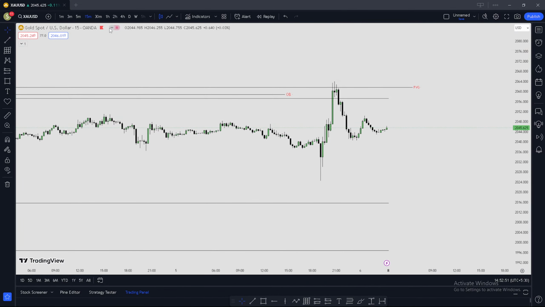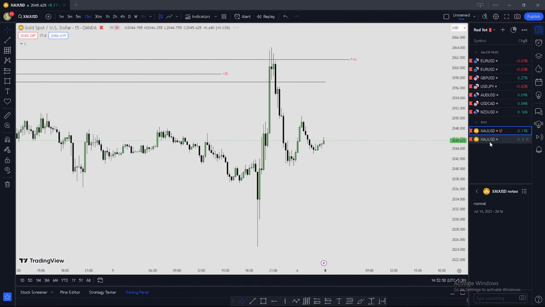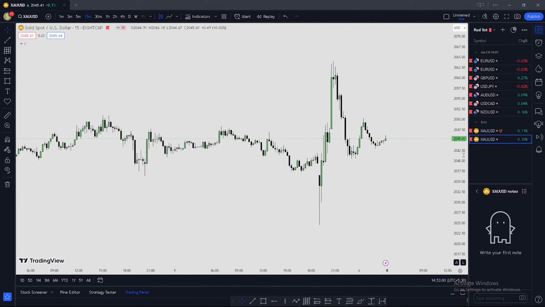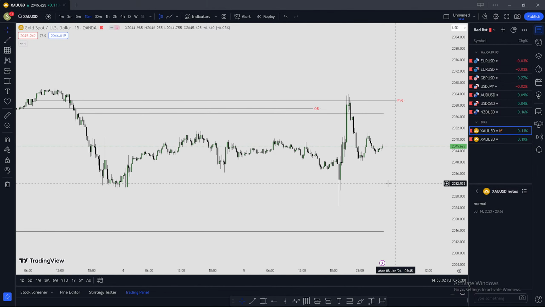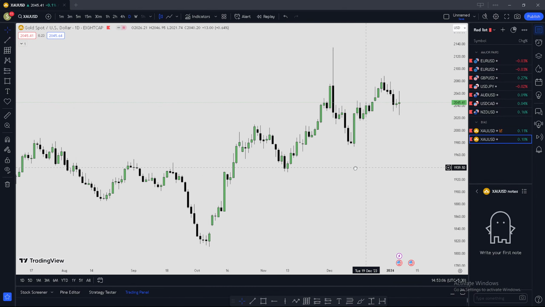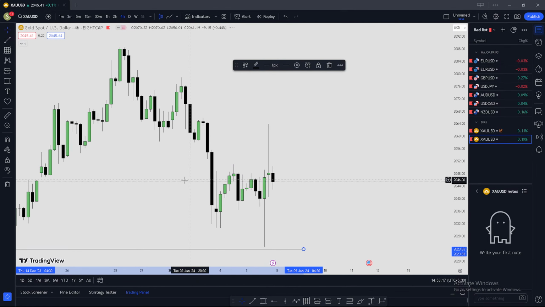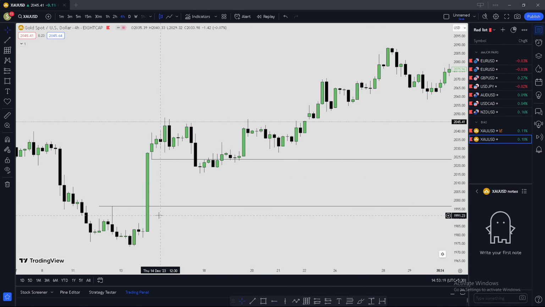Okay, so moving ahead onto the next pair, the euro dollar. Let me just see. You can see that the price is to approach this, a good fair value gap over here.